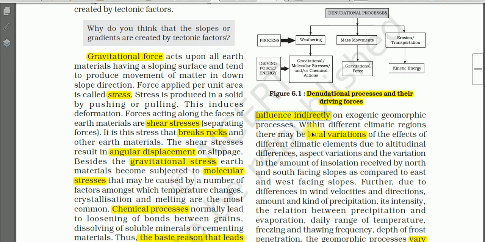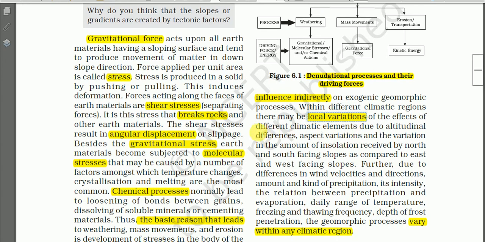Within different climatic regions, there may be local variations. Within the same climatic region also, there may be local variation of the effects of these climatic elements due to altitudinal differences.